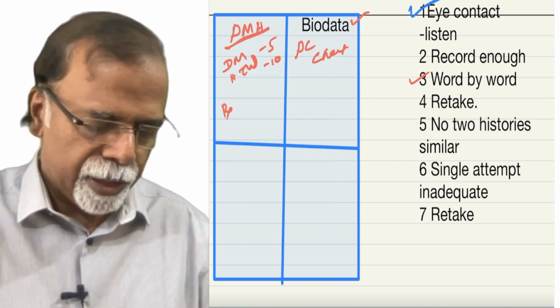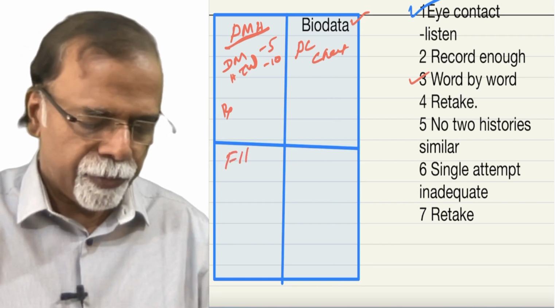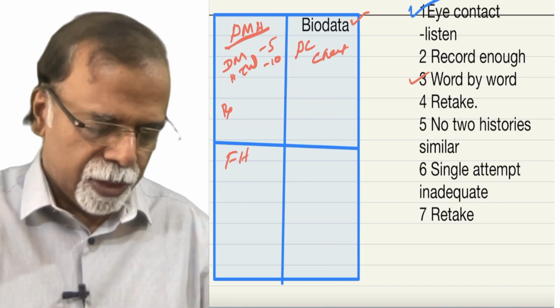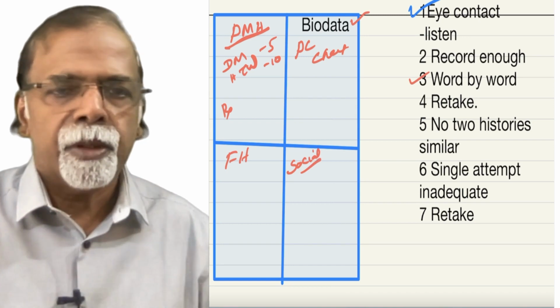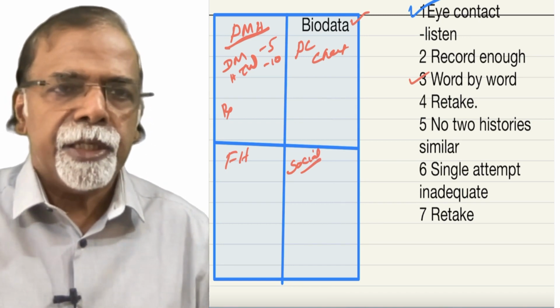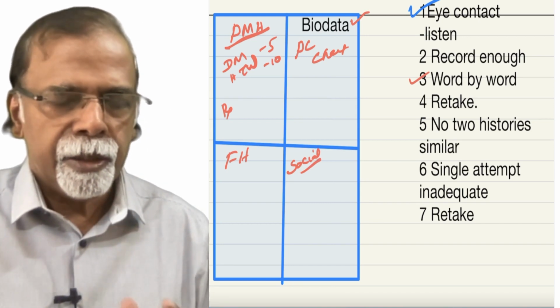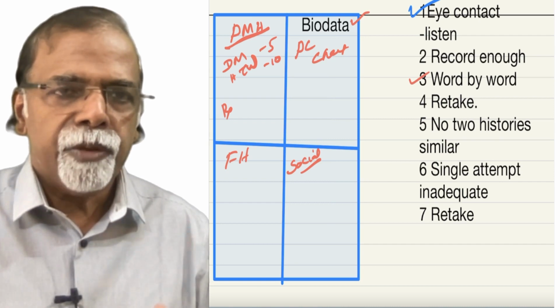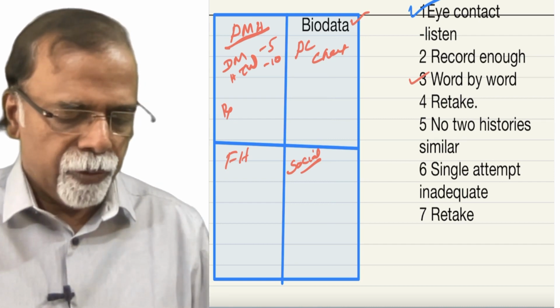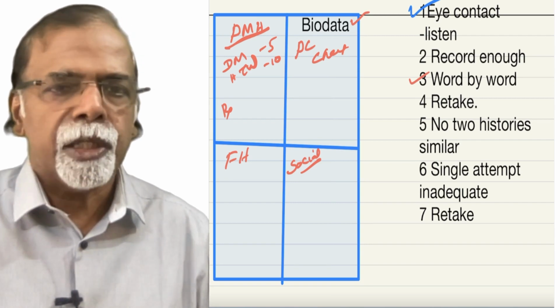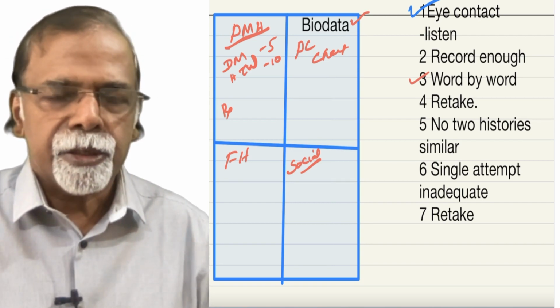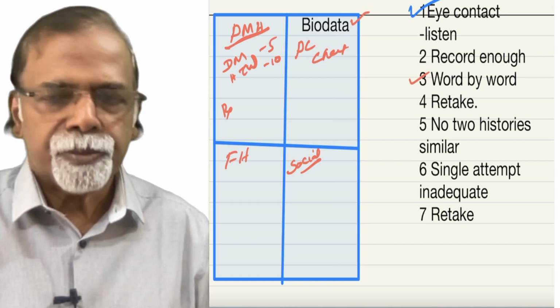Then this column can be used for the family history, and the social and occupational history can be written here, because many times history is not taken in a particular order. So whenever you get an important point, you can note it down in these areas of the paper, so that later you can complete the history in a better way.